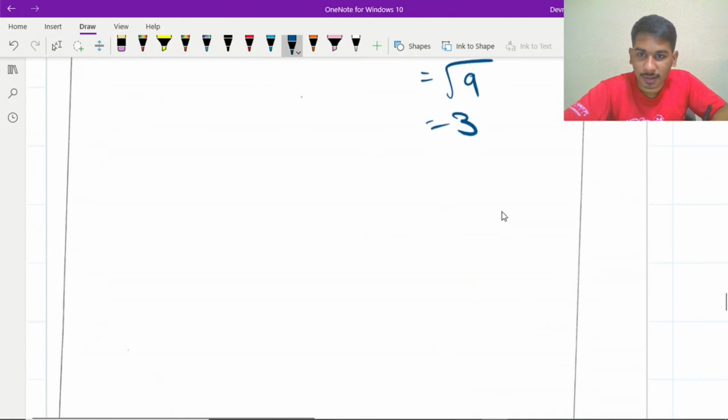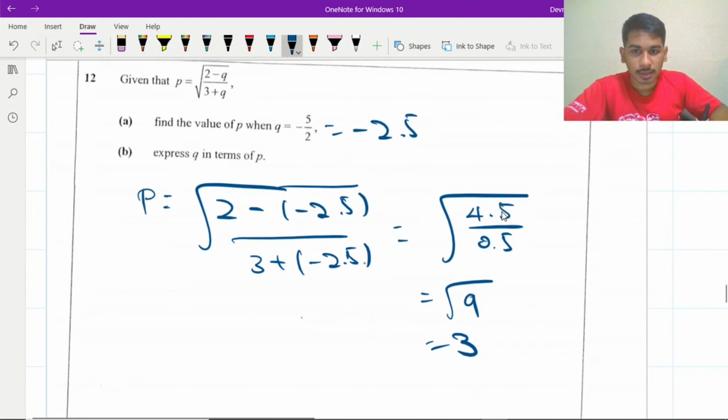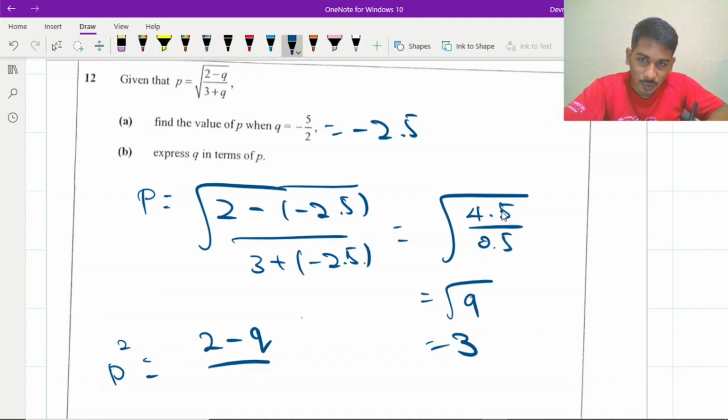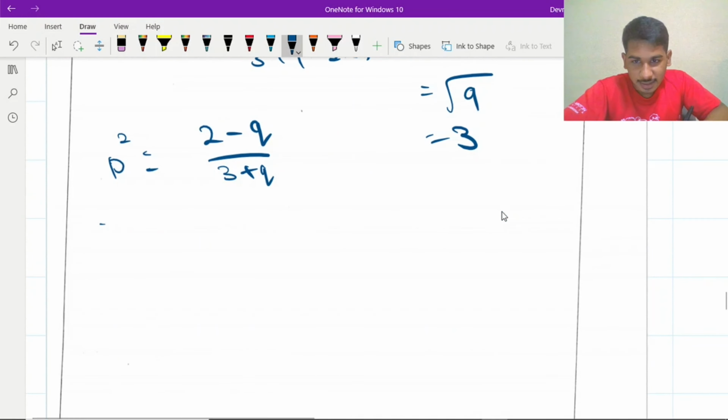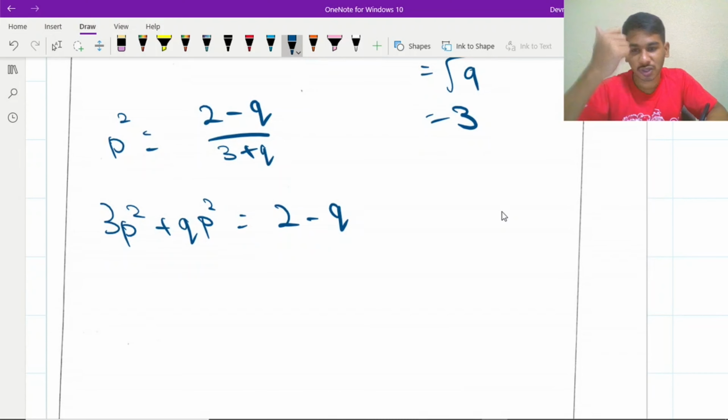Okay, and then express Q in terms of P. So make Q the subject of the formula. Alright, so it's going to be P squared is equal to 2 minus Q over 3 plus Q. Now flatten the stack. It's going to be 3P squared plus QP squared is equal to 2 minus Q. Now move all the Q's to one side.